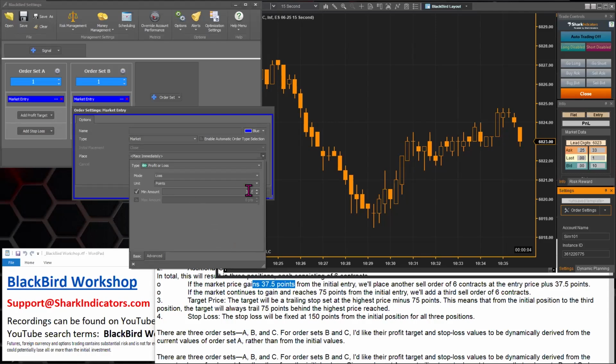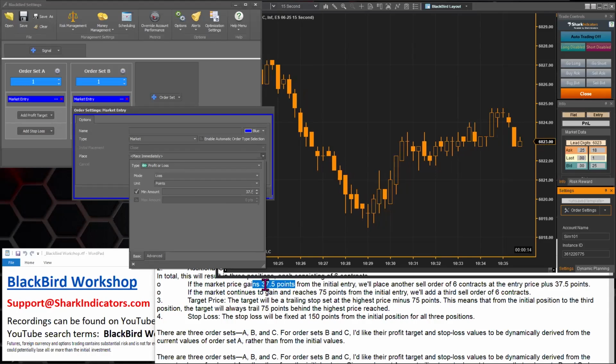BlackBird could monitor for that, but of course with the market order, who knows, you might get in at 36 or 37 points, maybe you get 2 ticks of slippage.